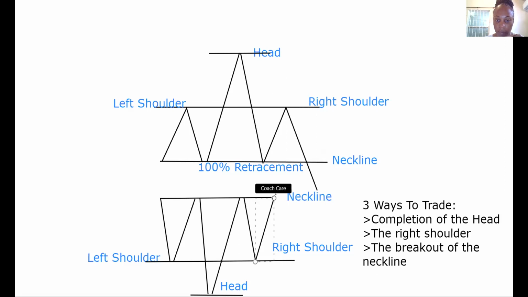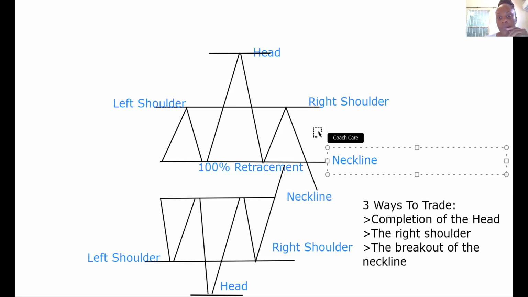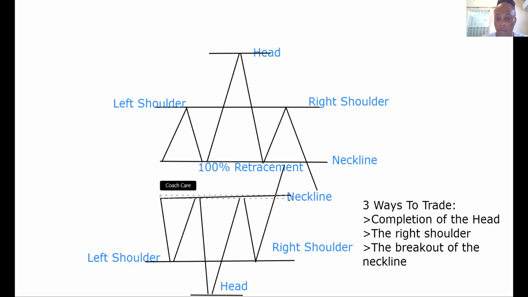And as a beginner, if you're trading the inverted, you can look to buy the inverted. I wouldn't recommend beginners trading the completion of the head, neither would I recommend trading the right shoulder. I would advise beginners to trade the breakout of the head and shoulder pattern because it's one of the easiest ways to trade the pattern itself. Very easy.